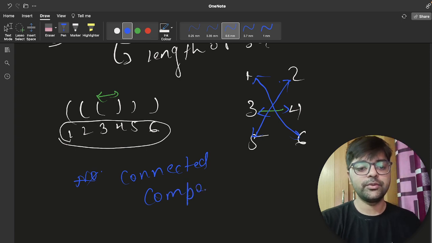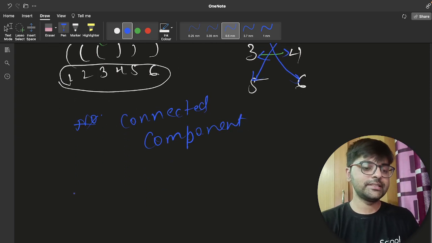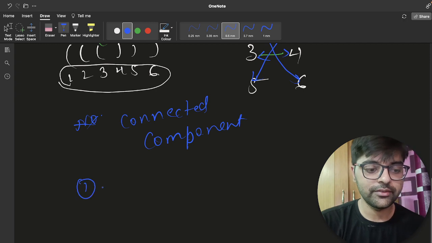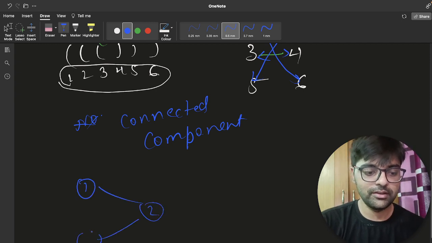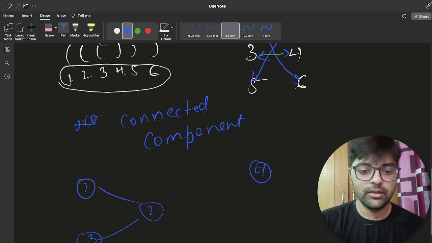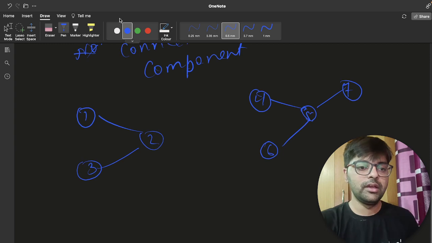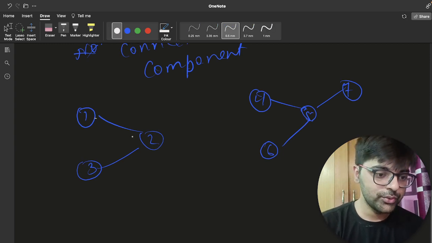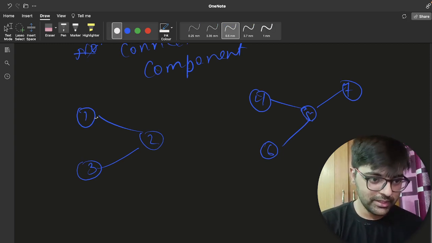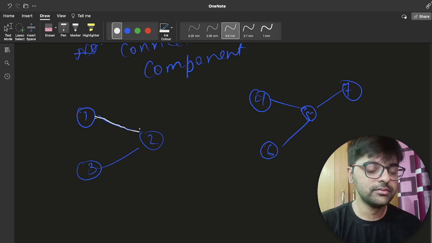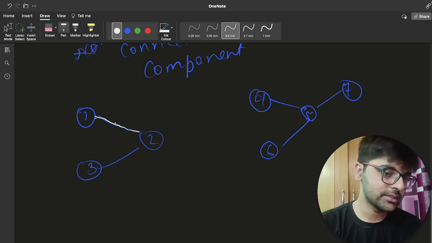So what is the meaning of a connected component? Let's say there is a graph with nodes 1 2 3 4 5 6 7. Take any two nodes, can we travel between them using edges?